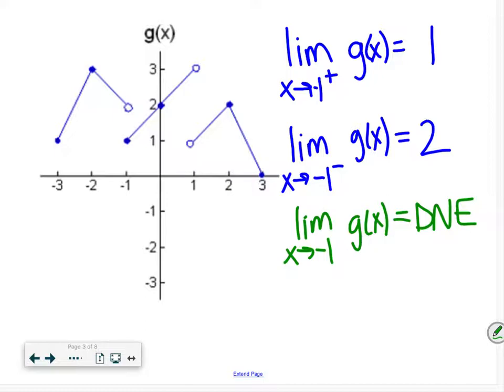Okay. So now we can actually put some notation there instead of just talking about it. Okay, see how that works? Okay, so at your pod, please find me these limits.